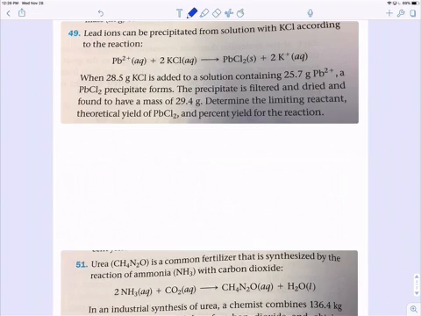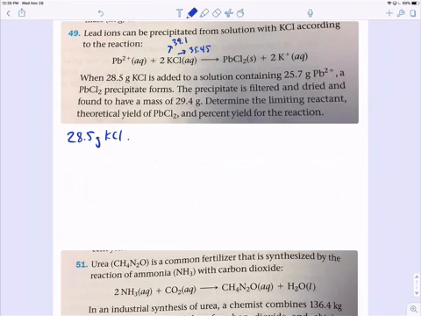Okay, so we have to do the equation twice. So 28.5 grams KCl, and then look at a periodic table. Potassium is 39.1, chlorine is 35.45.